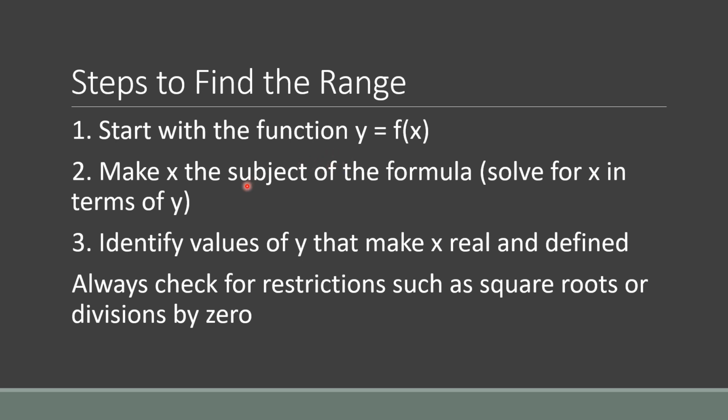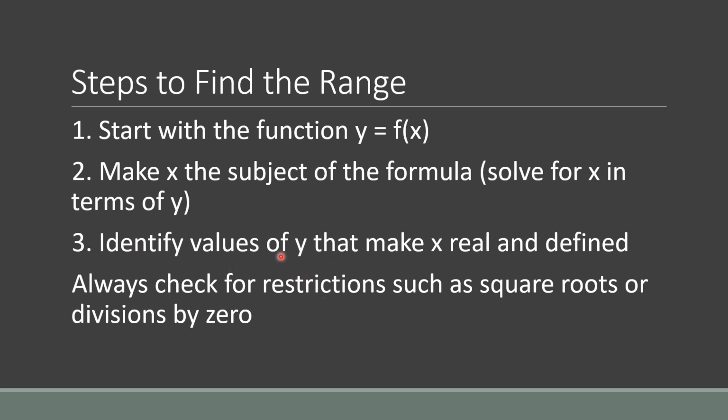Because when we were finding the domain, f of x was the subject. In other words, y was the subject. So if you want to find the range, then it means that the range is for the output. Then x is supposed to be the subject, so that the expression will be in terms of y. The third step is to identify the values of y, because the expression will now be in terms of y.